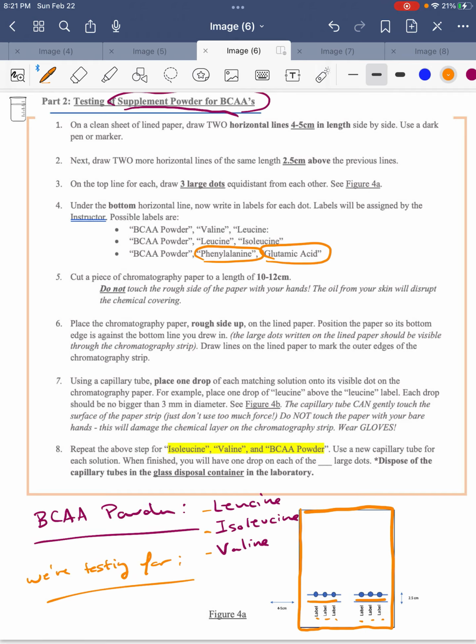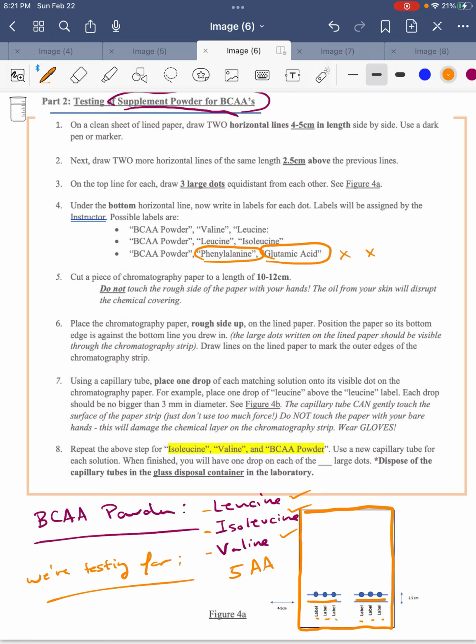So we're testing for a total of 5 amino acids. If the label on the powder is correct, it will test positive for leucine, isoleucine, and valine, but none others. So we will see, will it contain the 3 that it says it does? And then I also threw in 2 other ones that the label says it does not contain.